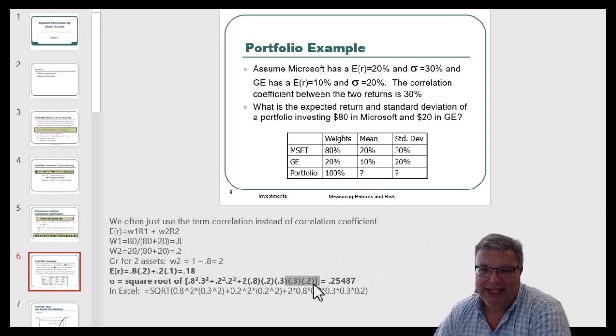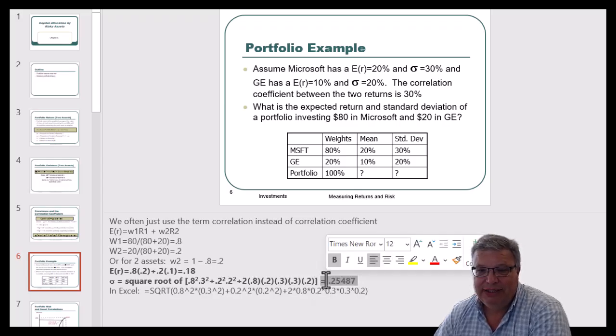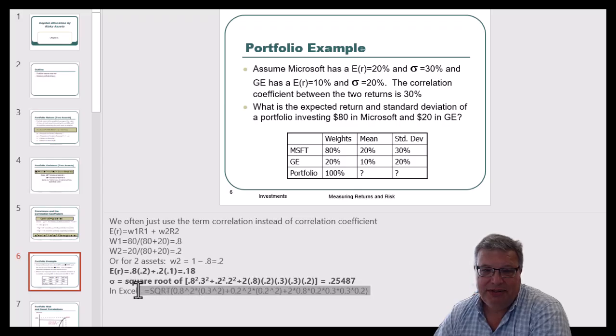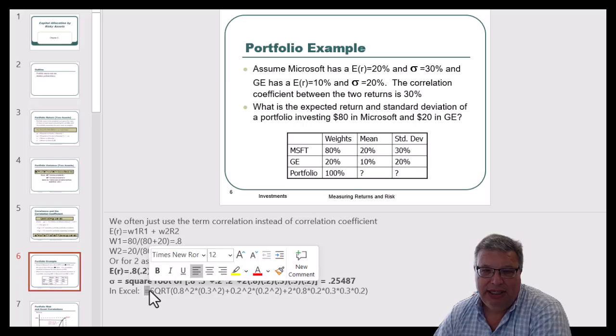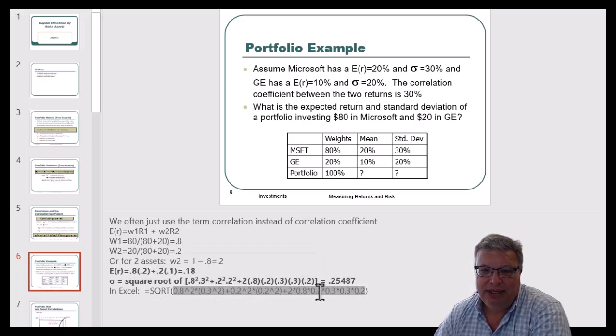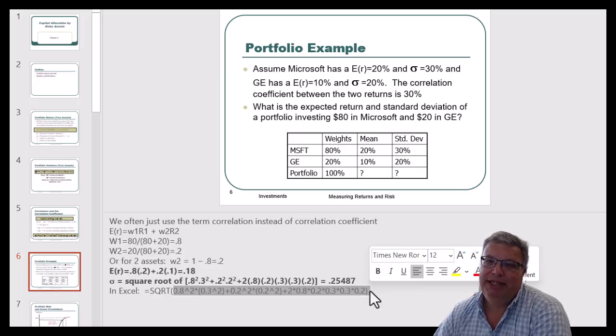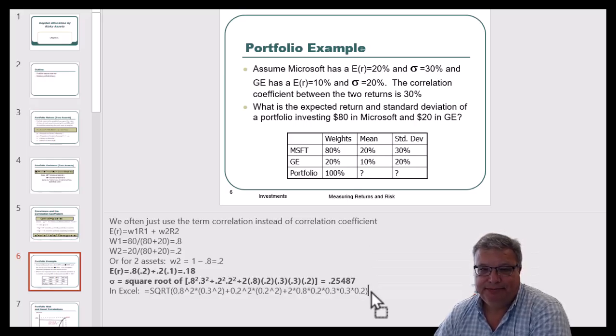So you multiply all that together, you take the square root, and you get 0.25487. And this is how you would put it into Excel right here. You just type equals, and then SQRT for square root, and this is how you would mathematically program it into Excel. Okay?